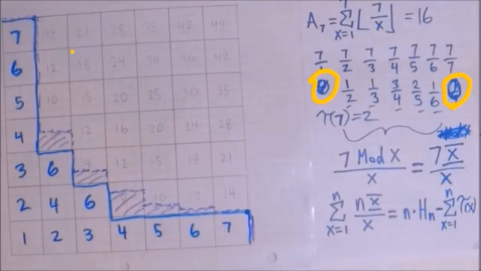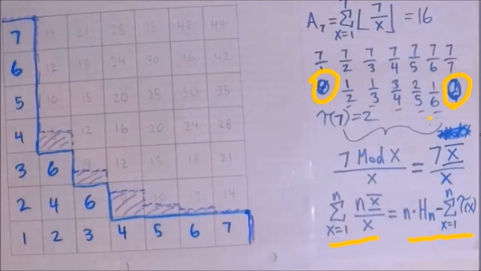So we're only adding 2 to what we had before, which was 14, so now we have 16. And because it's prime, we can never have a 0 in the middle. And we basically convert this to 7 mod x over x as an expression of the fractional part, and it's the same equation that we had before.